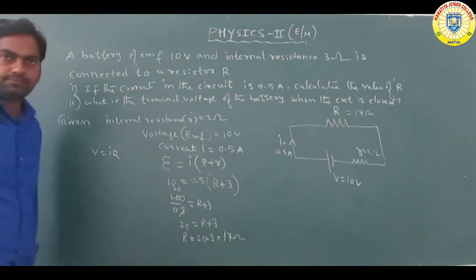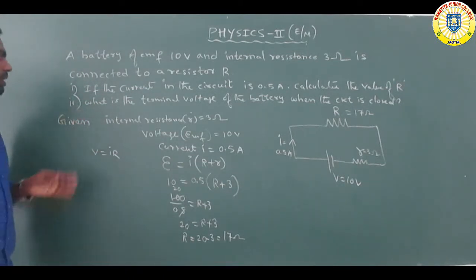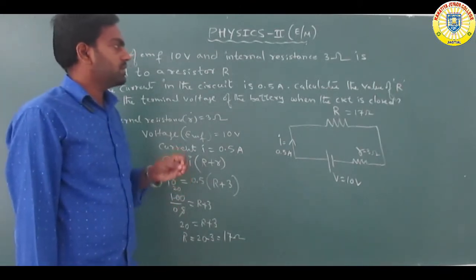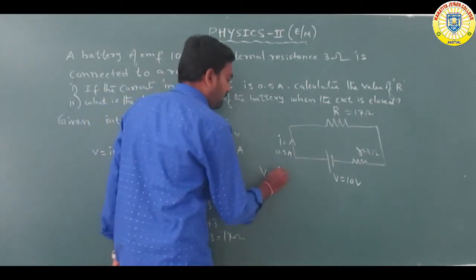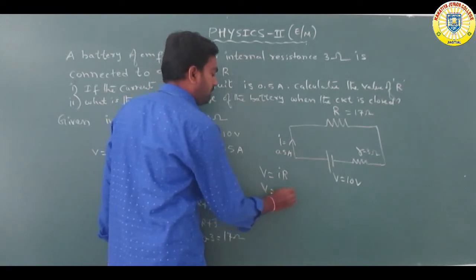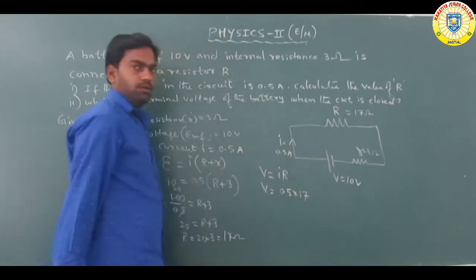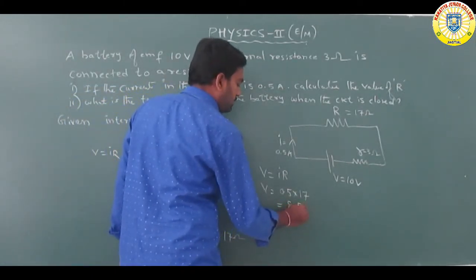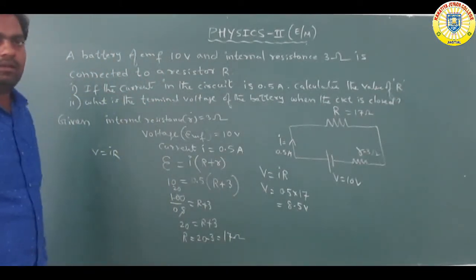Now to find the other part: what is the terminal voltage of the battery when the circuit is closed? Terminal voltage V is equal to IR, so we can write directly V is equal to 0.5 times 17, the external resistance. 17 into 5 is 85, so 8.5 volts is the terminal voltage.